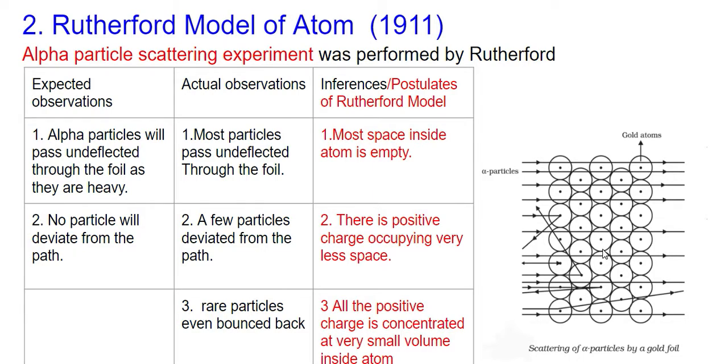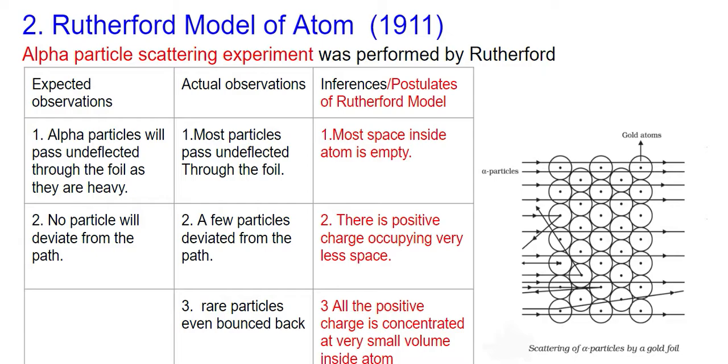We are using the word gold foil here because we are taking a small thin layer of atoms of gold so that heavy alpha particles, when bombarded on the gold foil, can pass through it. Alpha scattering experiment is about bombarding the alpha particle on the gold foil and noting the observations.